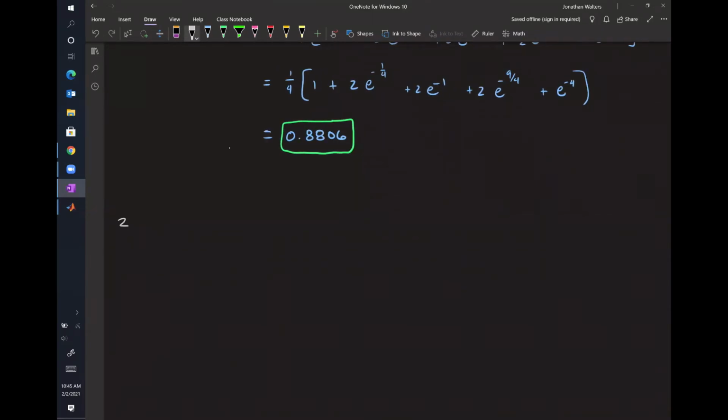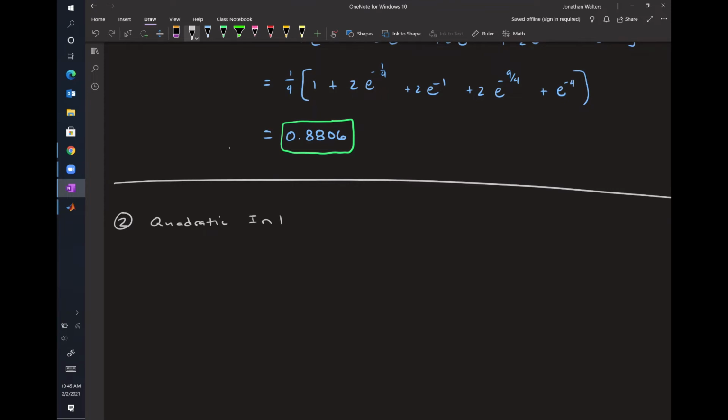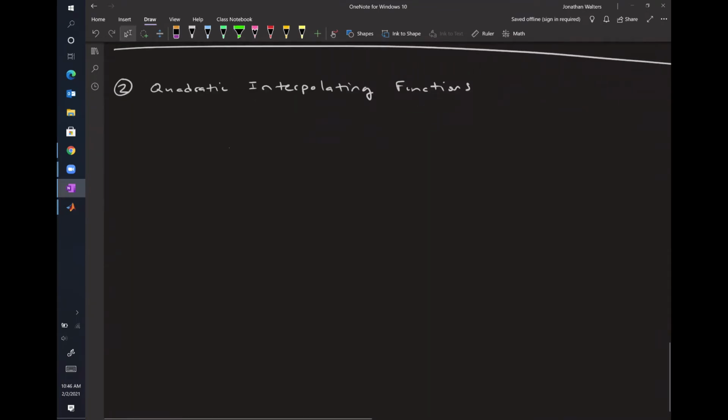And the first way we could do this is to use a single Simpson's 1/3 rule. And we'll show how we get everything.